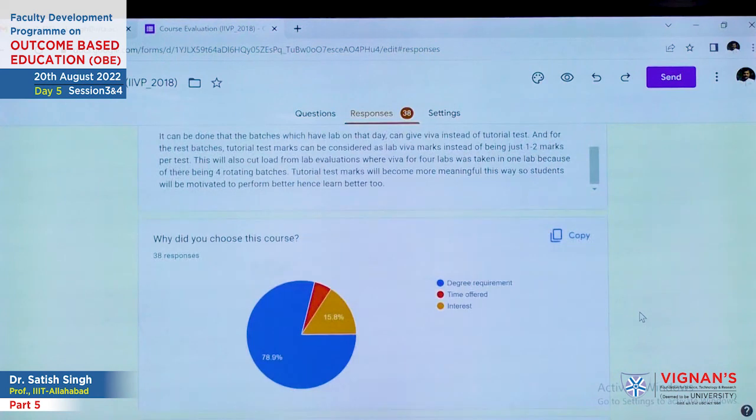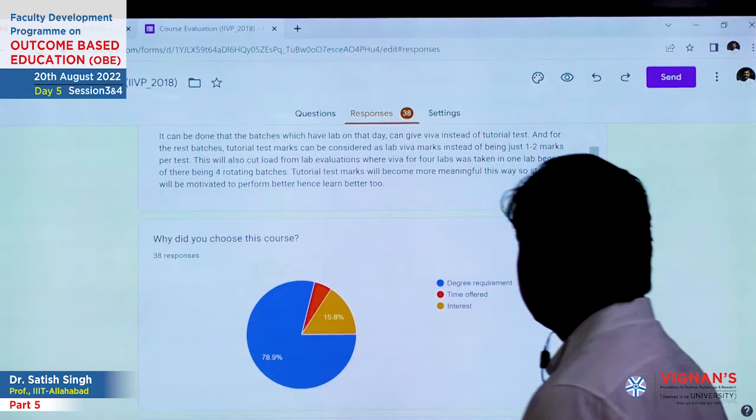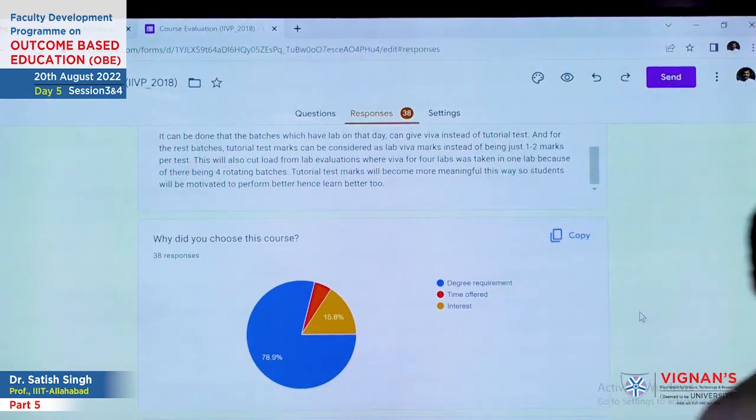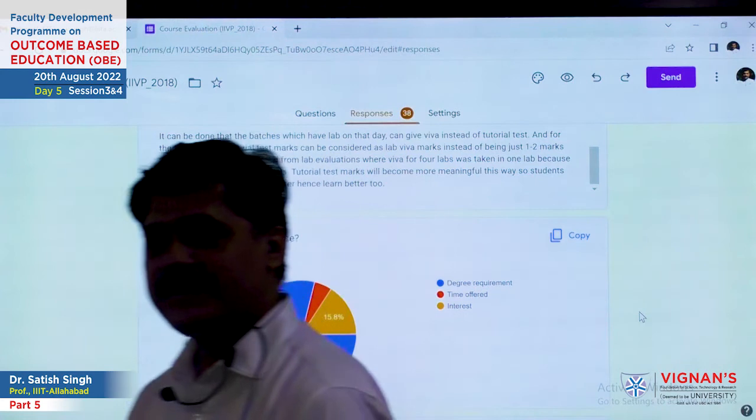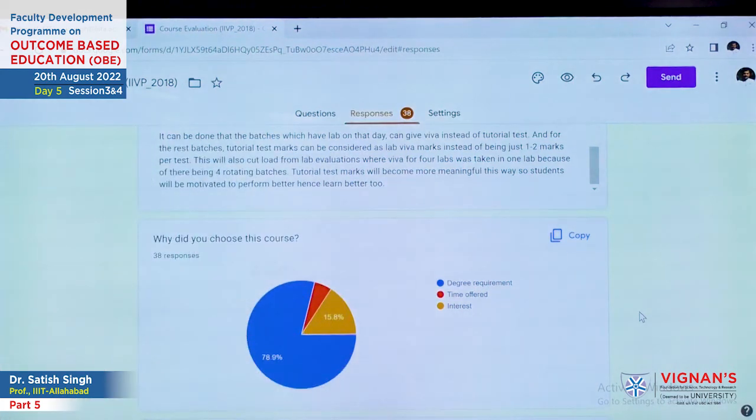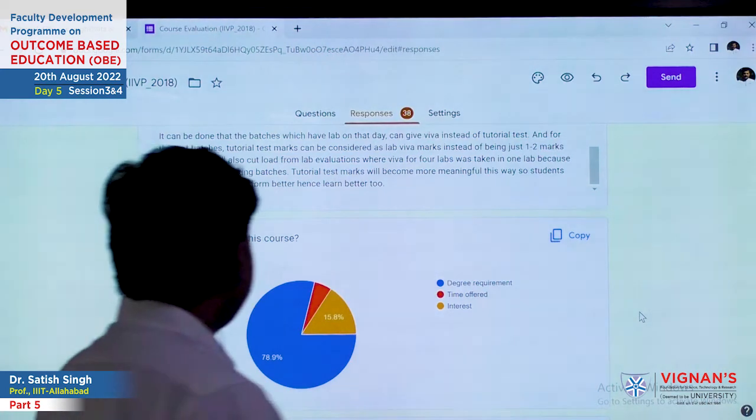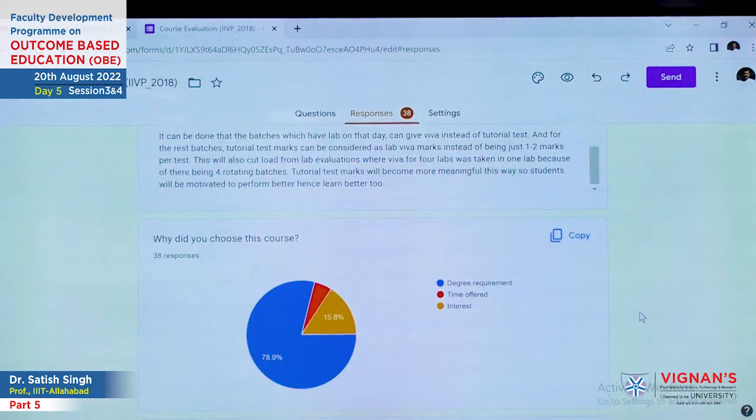And then, why did you choose this course? Degree requirement. So now you can understand there may be many comments, but sometimes they may not be from the right person to comment. Isn't it? Degree requirement, time offered, and interest.